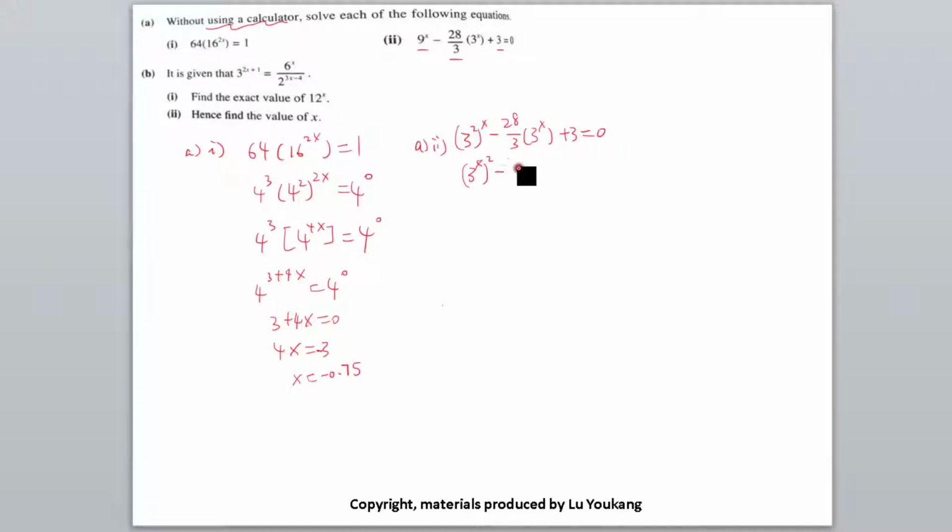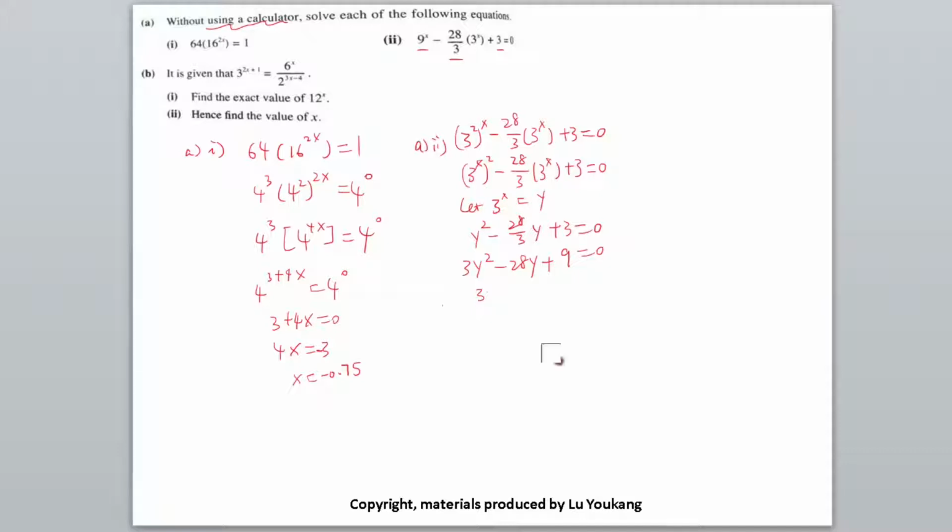Therefore over here, I can let y equals 3 to the power of x. Then I have y squared minus 28 over 3 times y plus 3 equals 0. Now times 3 throughout, and you get 3y squared minus 28y plus 9 equals 0.